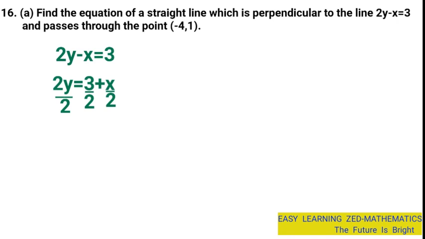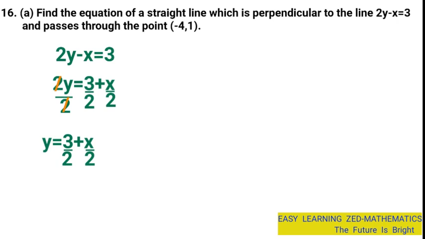So I cancel the 2's in 2y over 2, and I remain with y. Then 3 and 2, 2 cannot go into 3 without leaving a remainder, so I'm just going to write 3 over 2 and x over 2.